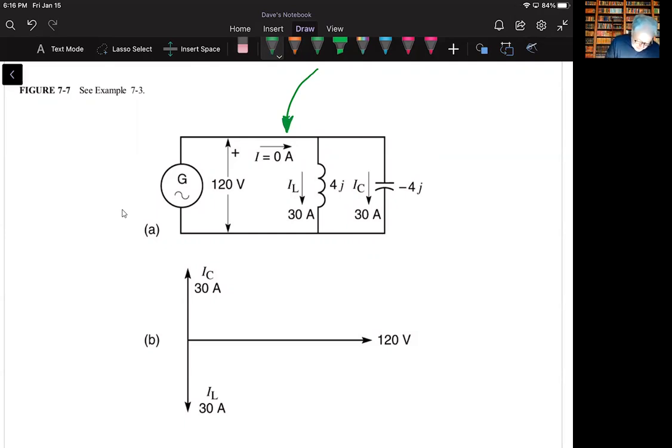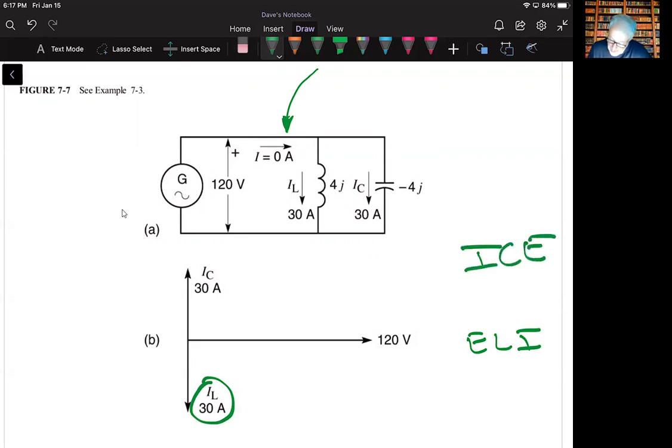As we go through this, it's sometimes good to have two representations. We know that in an inductive circuit, the current lags the voltage by 90 degrees, and in a capacitive circuit, the current leads the voltage by 90 degrees.